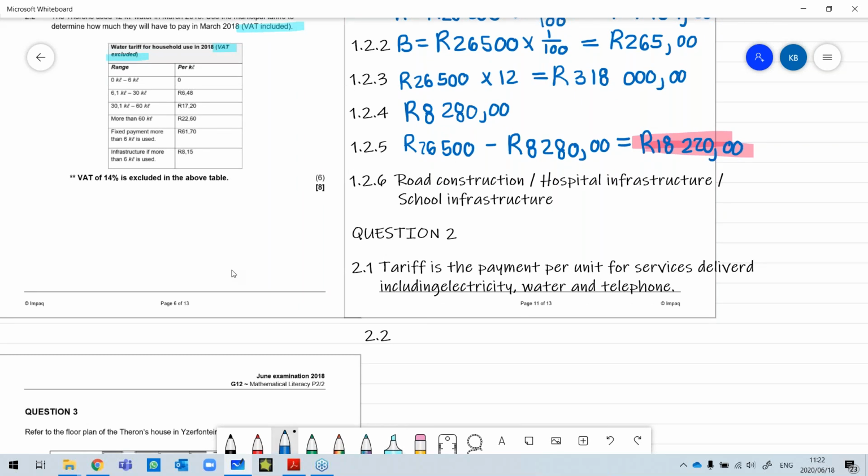Okay, so remember, they used up 42 kiloliters. First of all, you will see the first range tells you that you get the first 6 kiloliters for free. So 42 kiloliters minus 6 kiloliters gives you an outstanding 36 kiloliters. This is what they will need to pay for. Now our next step is going to be to determine how many kiloliters fall within the second range.